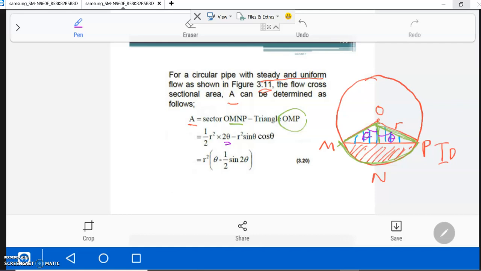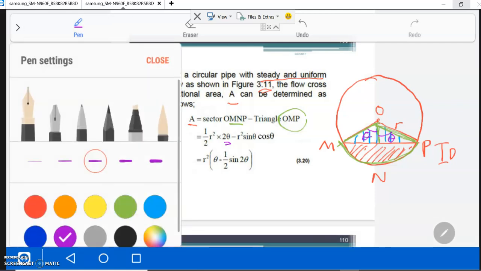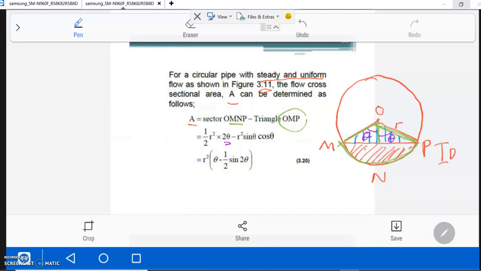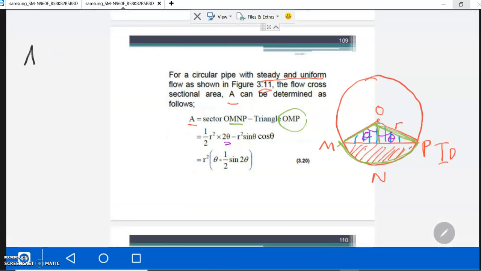Okay, so area for a sector is, okay, wait, the area for the full circle is pi r square, right?